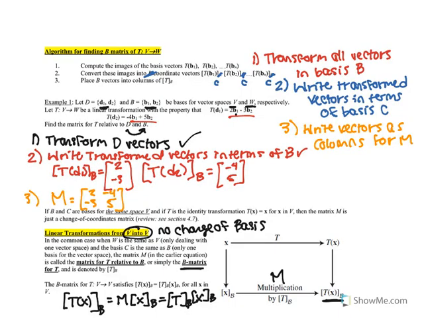And then we looked at what if we just want to describe the transformation in terms of the basis. Because this would be A, but if I need to describe A in terms of the basis B, how do I do that?